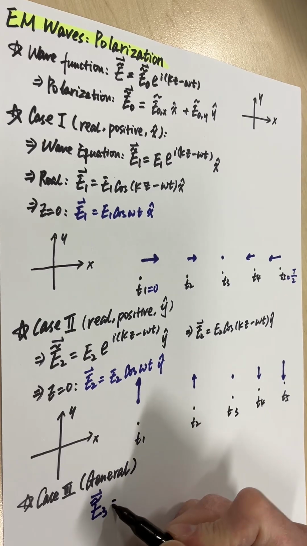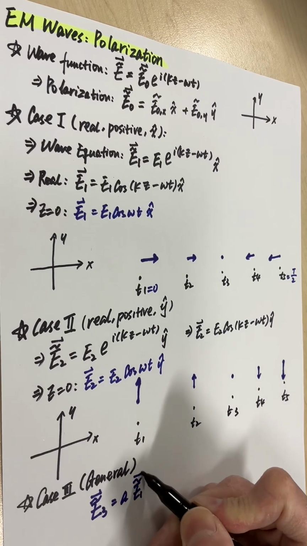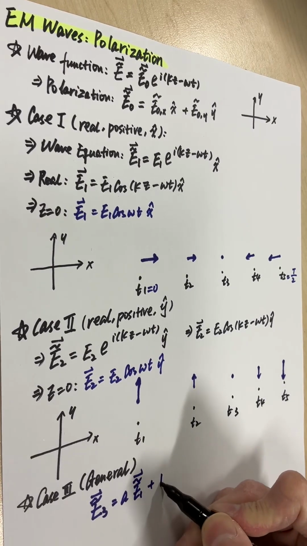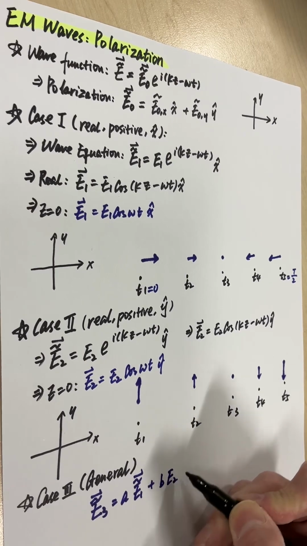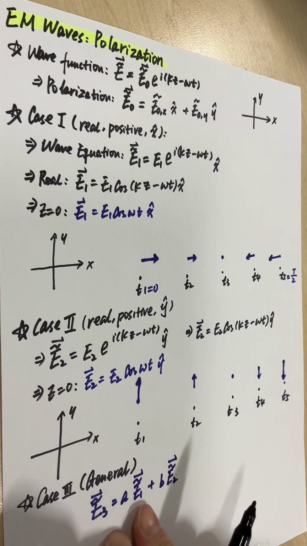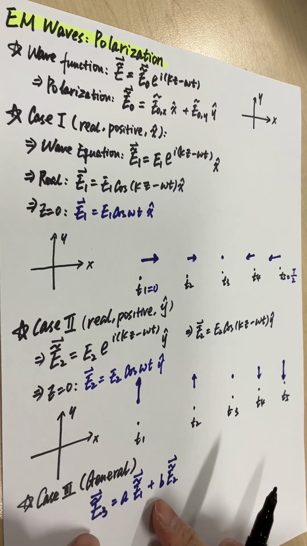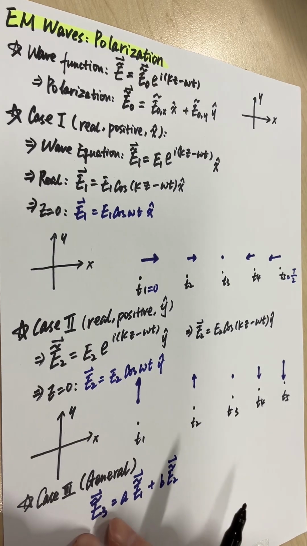So this equals AE1 plus BE2. E1 is polarized in the x direction, E2 is polarized in the y direction, and with some ratio, we add them together, and E3 will be polarized in both x and y direction.